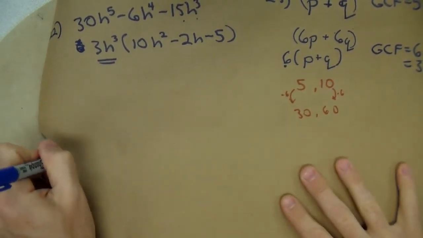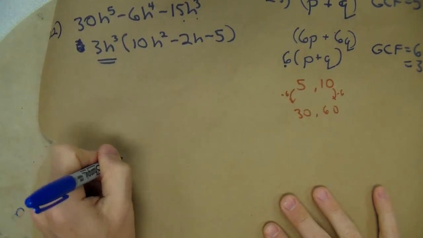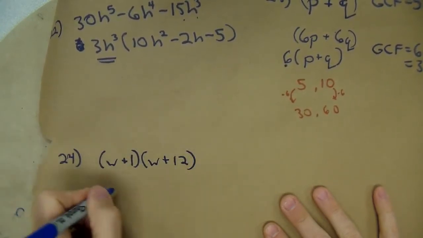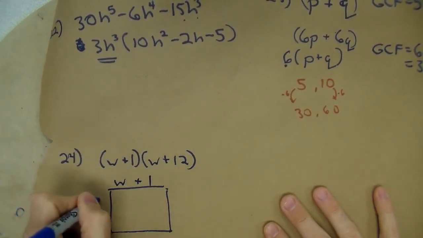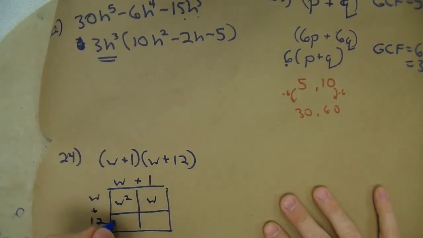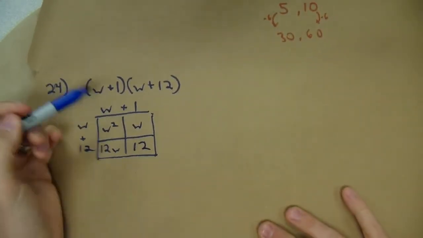Moving on to number 24. We have w plus 1, w plus 12. I like to draw the box whenever we multiply, so we'll do w plus 1, w plus 12. We get a w squared, a w, 12w, and a 12. And for those looking at you going, what box are you talking about?